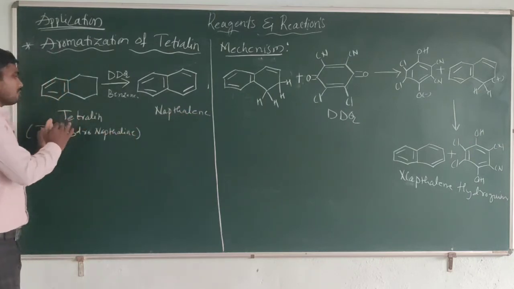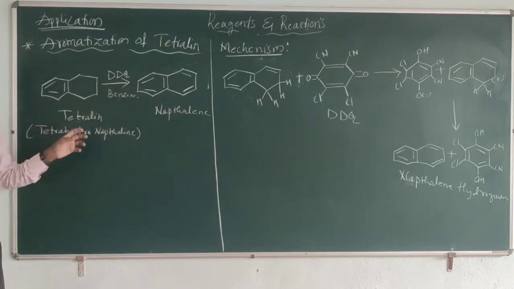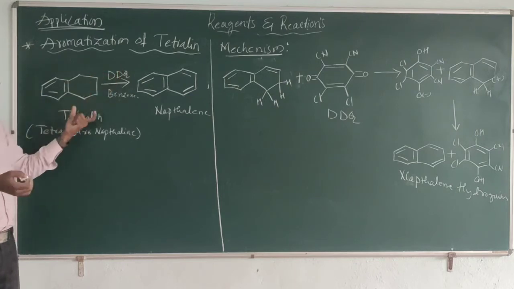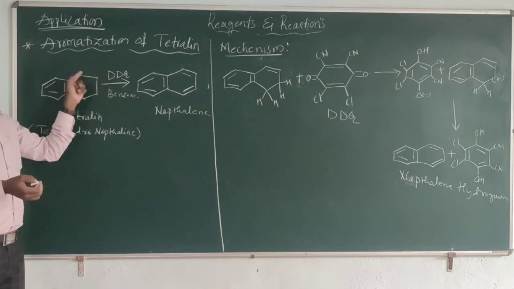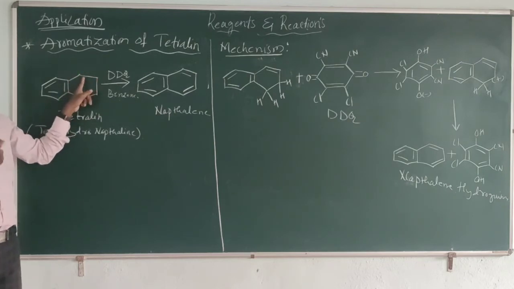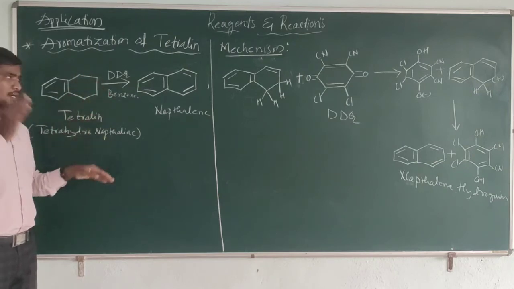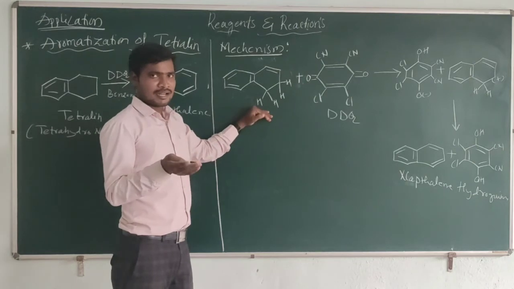So in converting tetraline into naphthalene, it needs two molecules of DDQ. The first molecule converts tetraline into a mono double-bonded molecule, with the first double bond between these two carbon atoms, which we call dihydrotetraline.